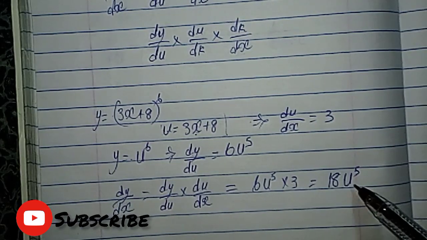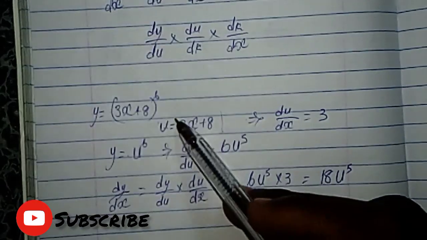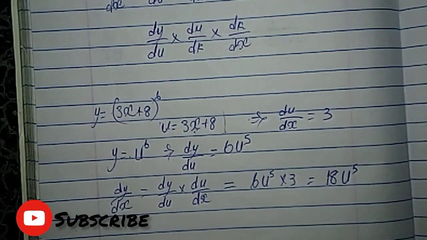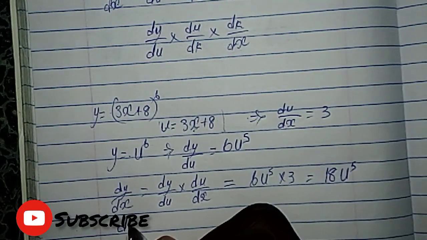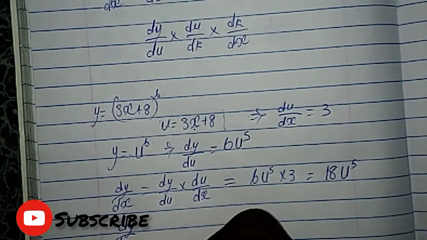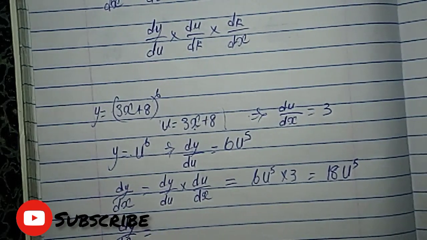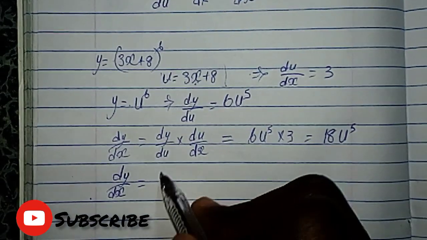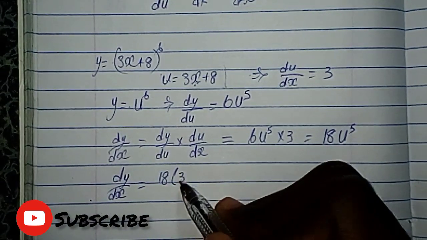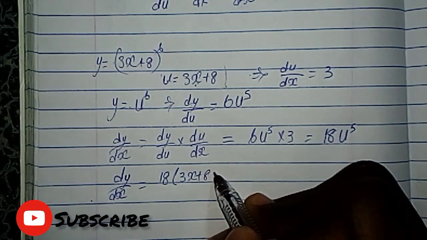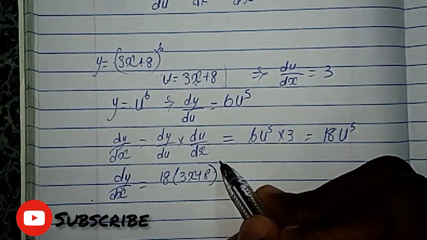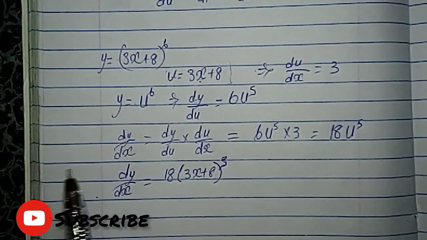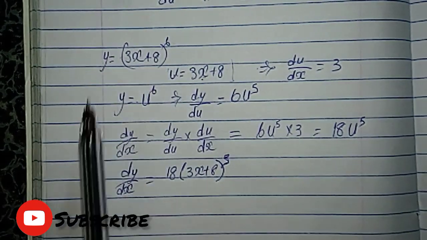Now we would have to change our u back to the expression with x, because we are asked to find dy/dx, so there should be no u in the answer. So dy/dx equals 18(3x + 8) raised to the power of 5. So this is the answer when you are asked to find dy/dx of this equation.